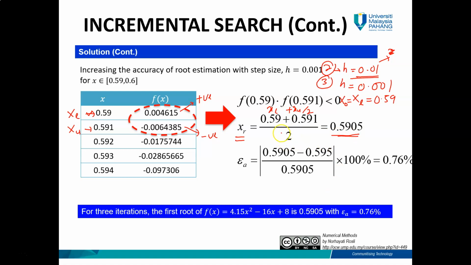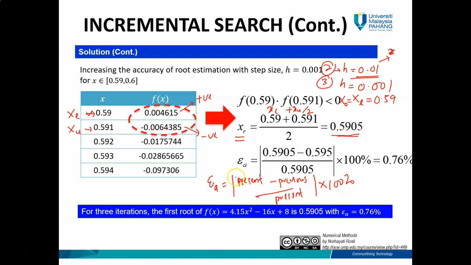And then, class, if you want to compute the error, which is epsilon_a, the approximate percent relative error, based on chapter 1, we know that epsilon_a is given by present value minus previous value divided by present value, times 100%.